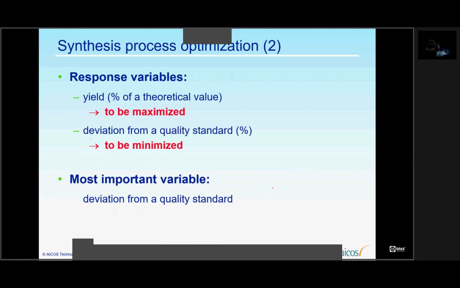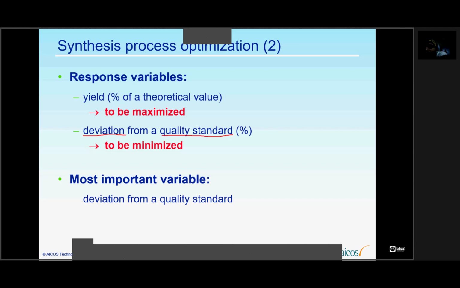The most important part, of course, is not that, but it is what is to achieve. So since the quality was the major problem, actually it has been decided in this problem setting to consider a quality standard. So the ideal quality one should get, and to calculate as a response variable, so as a quality attribute, how far from this ideal solution or ideal quality one was, and to formulate this as a number, which is the deviation.